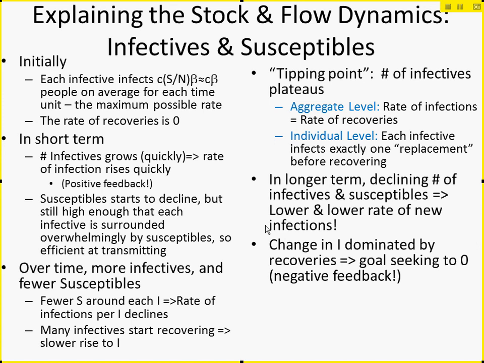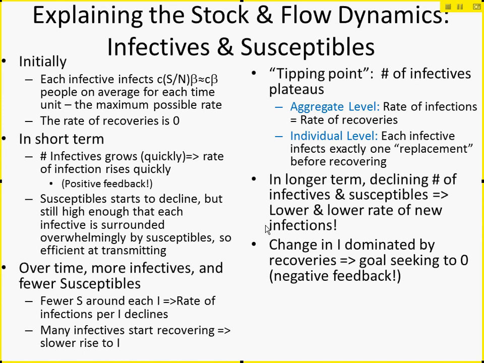And it turns out in the underlying mathematics, it results from this. So we have I dot equals C times beta times I. I put it as epsilon, very close to when S over N is approximately 1.